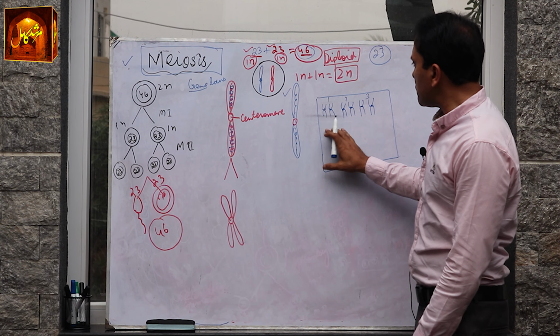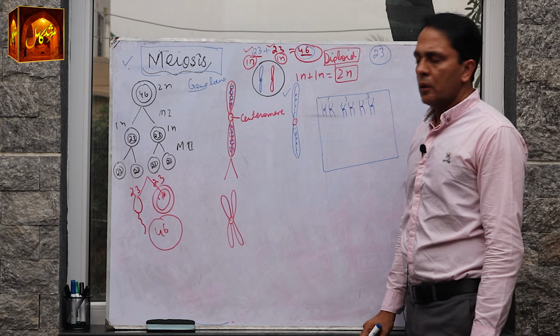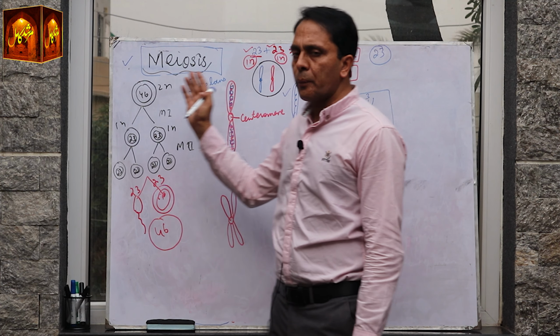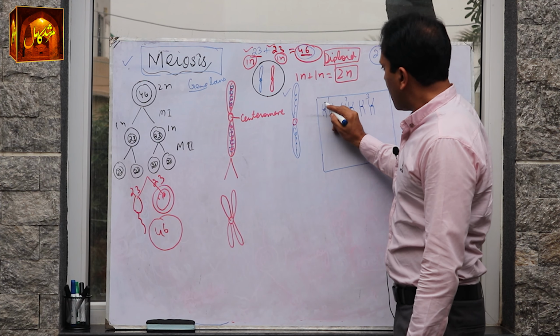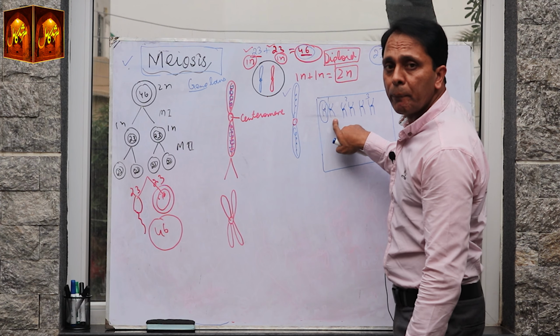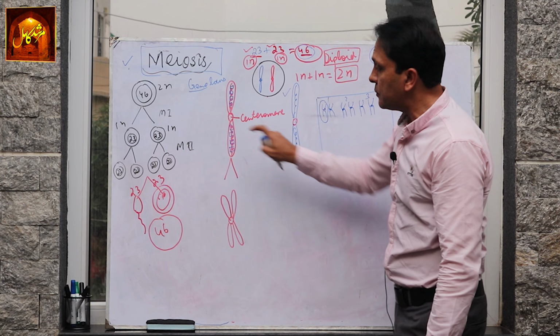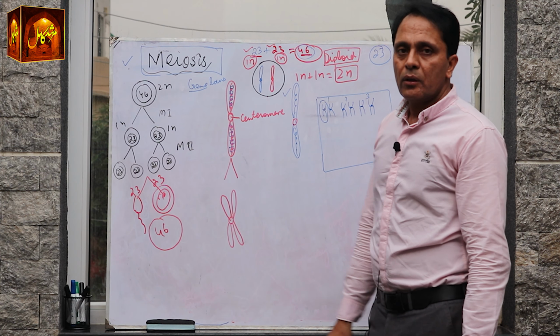So in these 3 sets of chromosomes, when they arrange during meiosis, every chromosome of set 1 that belongs to the paternal side will definitely find chromosome number 1 of the maternal side. How do they find each other? It's a mystery, but it's very interesting.